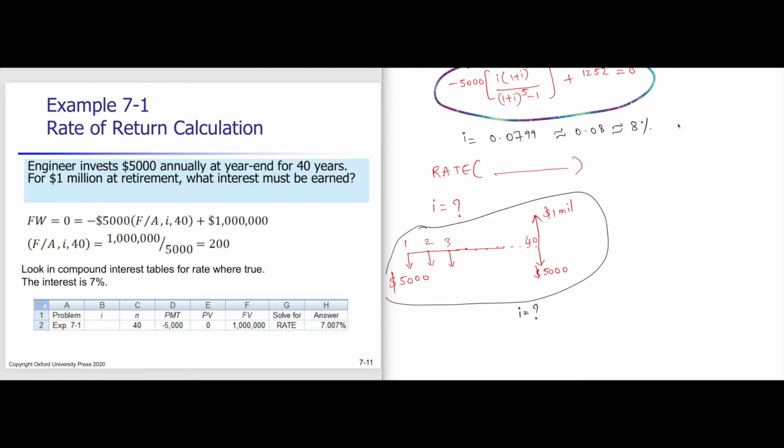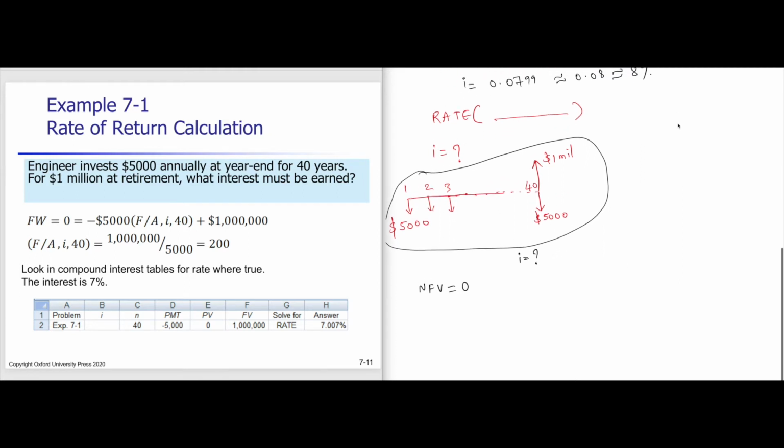Do one of those, because in the slides there is net future worth. So let's do that. Net future value has to be equal to 0. That implies, let's convert every number.